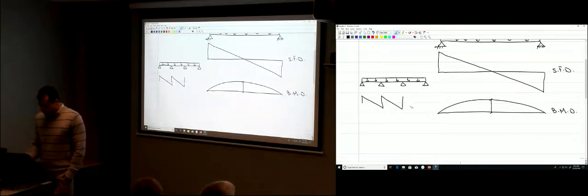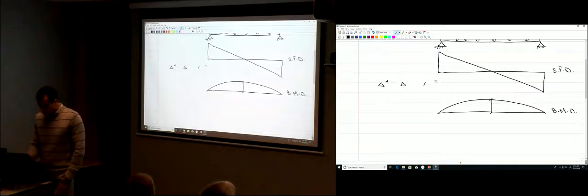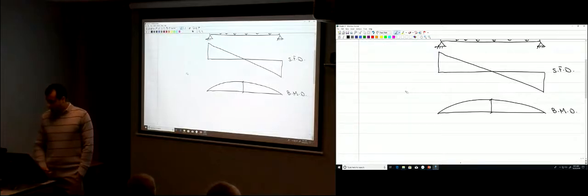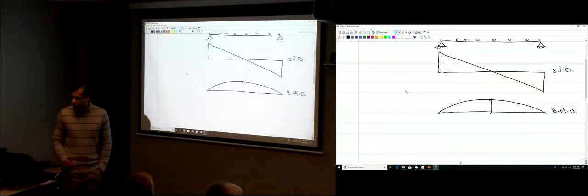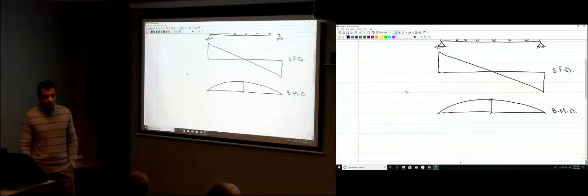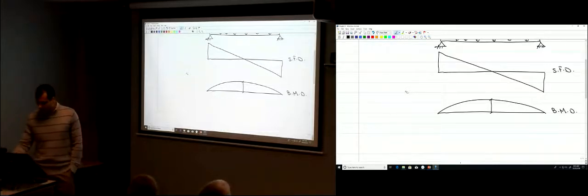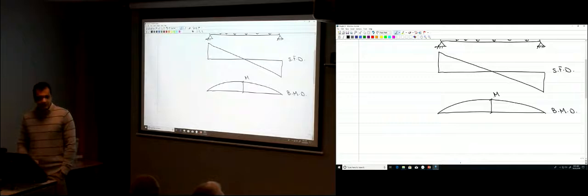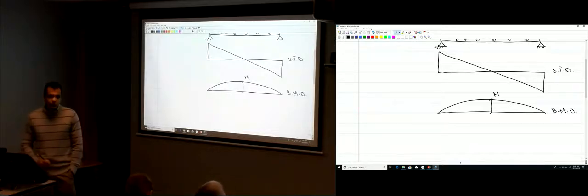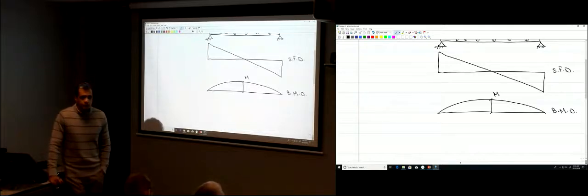Now, we have this shear force diagram and this bending moment diagram. If you have a bending moment M here, it would result in what? What type of stresses would you have due to a bending moment?